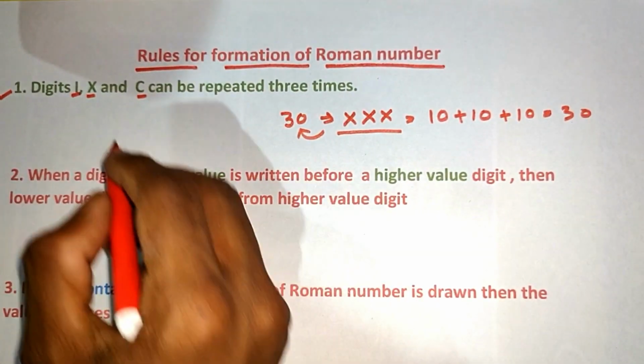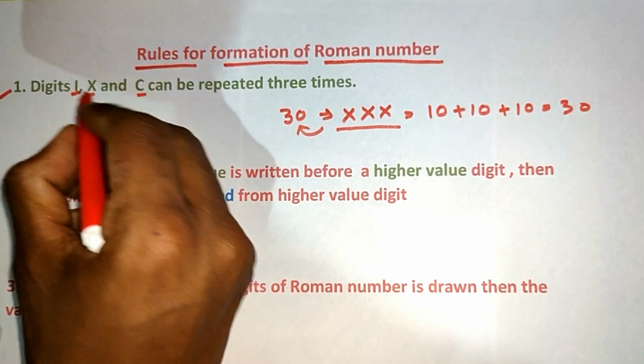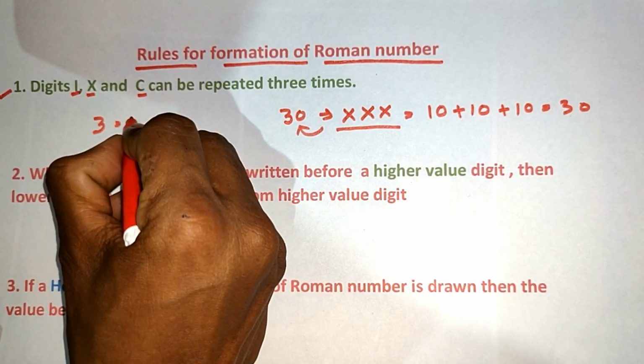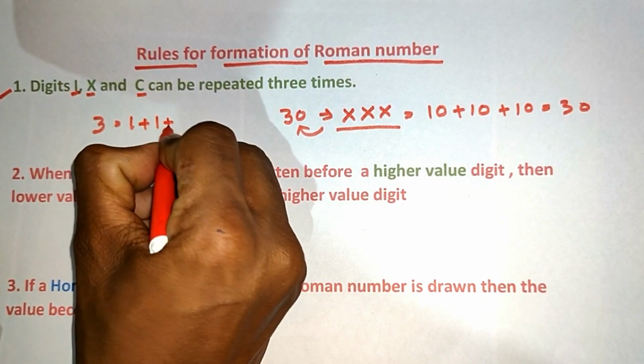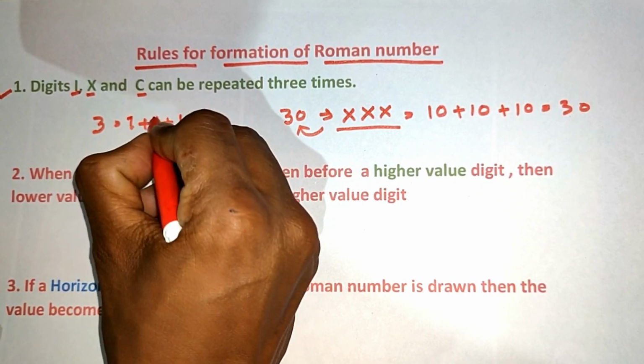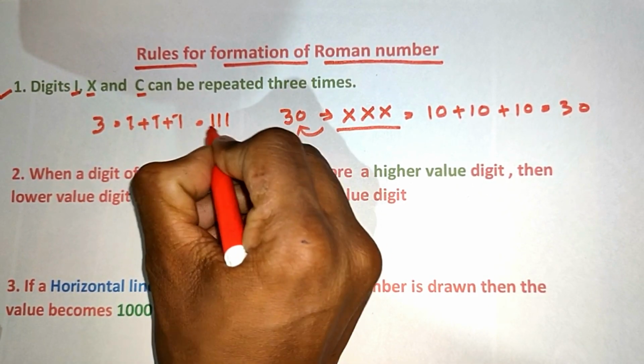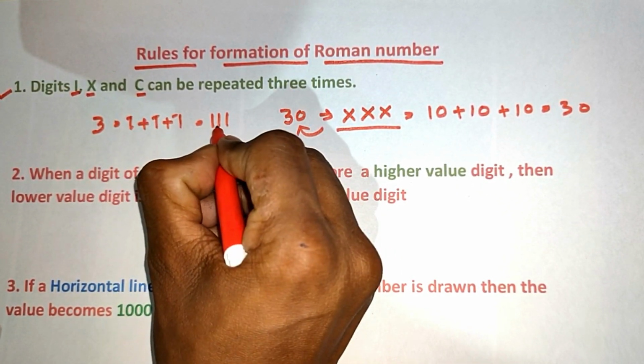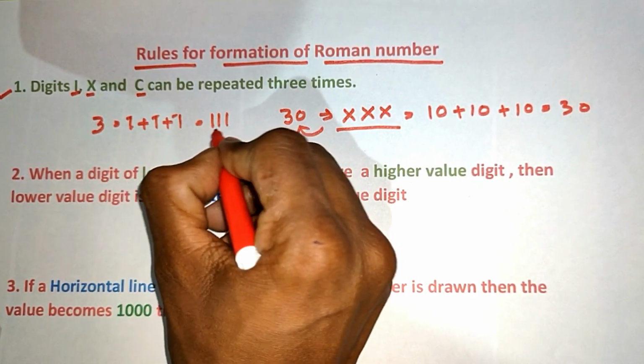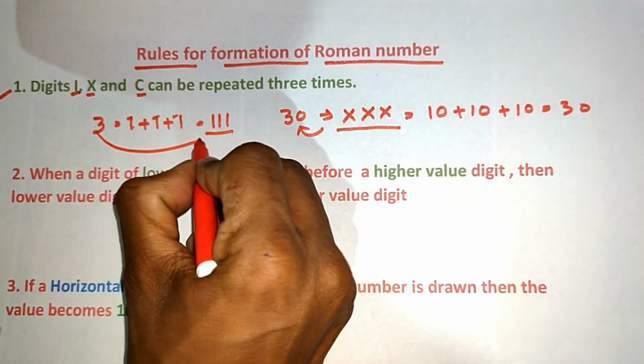Suppose I have to represent 3. So I can write 1 plus 1 plus 1. That is, I for 1 number, I for 1 number and I for 1 number. So it will be 3. So 3 can be represented by III.